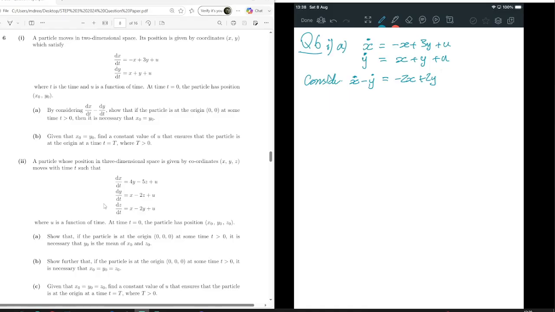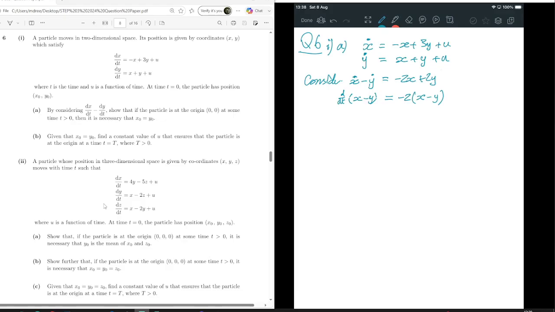There's no u's, and I'm going to do something a little bit silly here because I can see an x minus y in two places. So this side, if you think about the rules of differentiation, is the derivative of x minus y, whereas on this side it's minus 2 lots of x minus y. So I could actually solve this differential equation if I wished to.